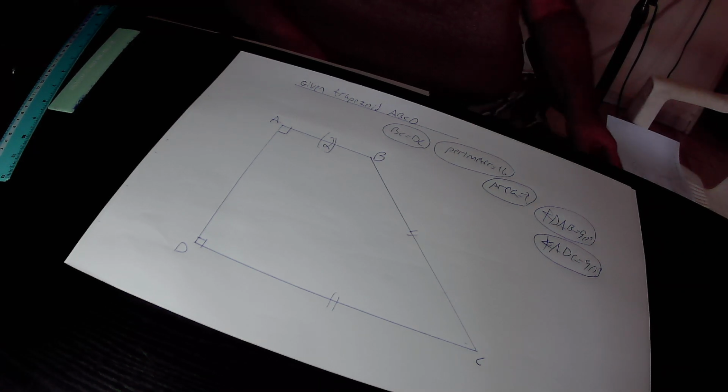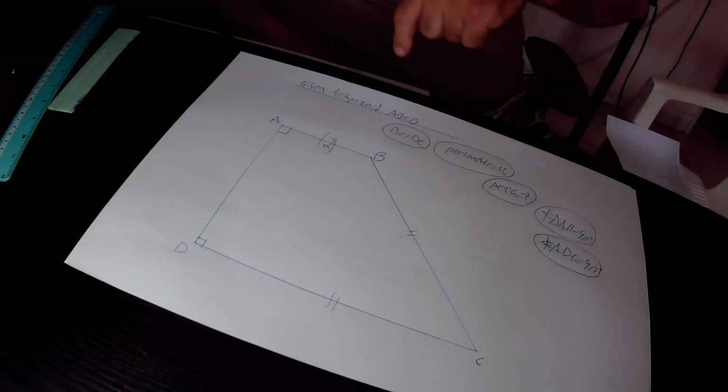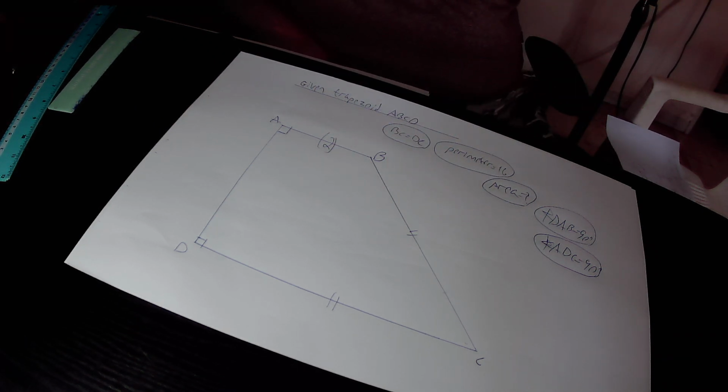And we also know that the perimeter of this trapezoid ABCD is equal to 16 units. That is to say, the sum of the lengths of all its sides is equal to 16 units according to what is given in the question.